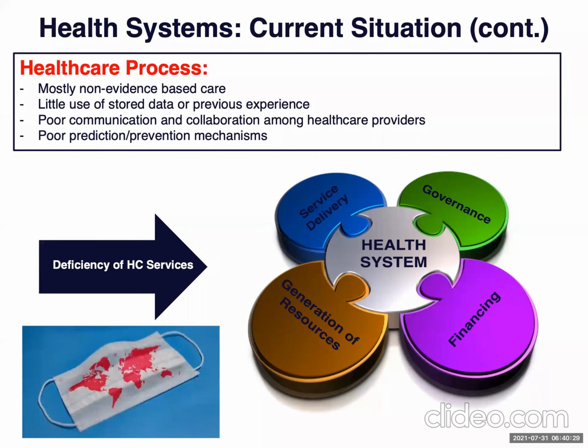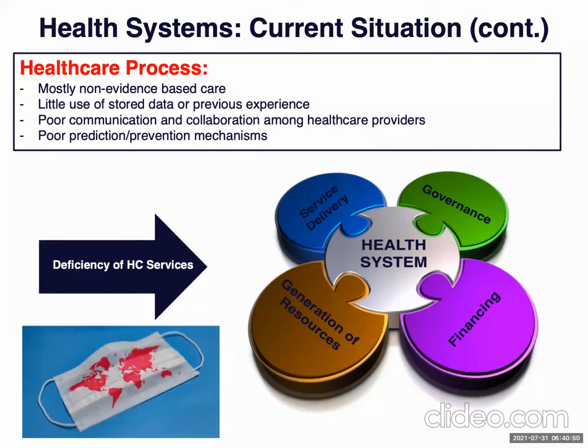On the system and the processes as well, there is a big problem with healthcare. Most of the healthcare practices today are non-evidence-based, which means they're not based on data or evidence, and we are still doing things based on our own experience, as I'm talking here about the healthcare service providers.